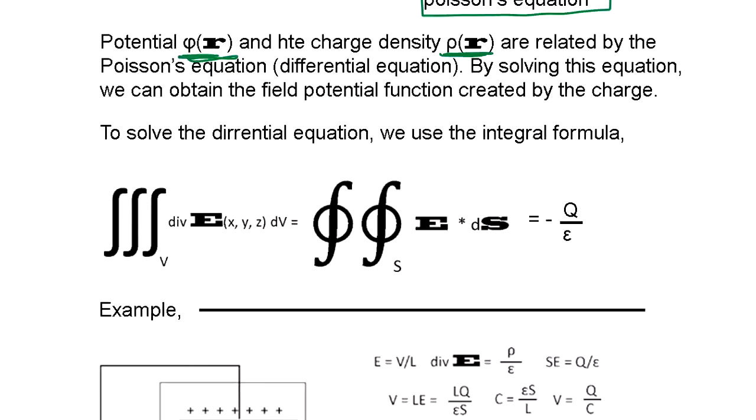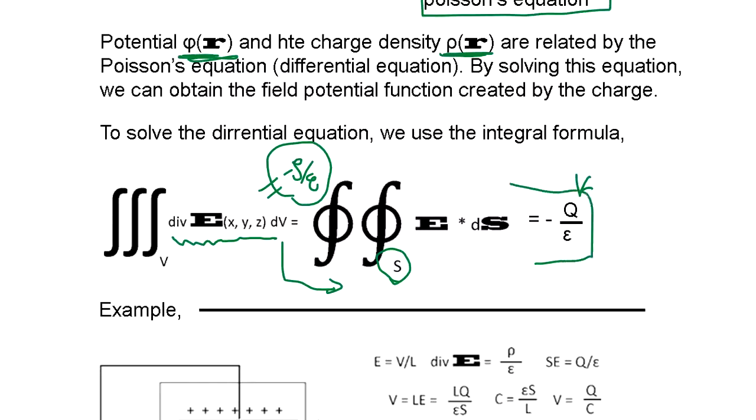equation. Now when you take a volume integral of divergence E, the math formula tells us that it's the same as taking a surface integral of E. The volume integral of the charge density becomes total charge Q. So total charge Q is given by this surface integral.